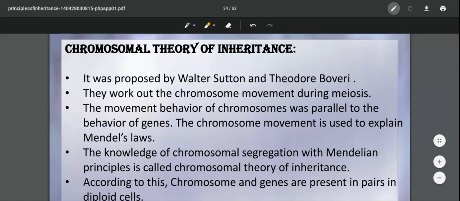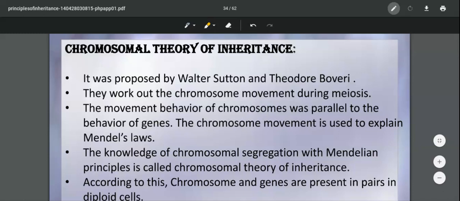So they found a lot of parallels in the behavior of genes that Derives, Correns and Shermark were talking about to that of chromosome movement. So they investigated more, and they found that indeed the behavior of chromosomes was parallel to the behavior of genes.